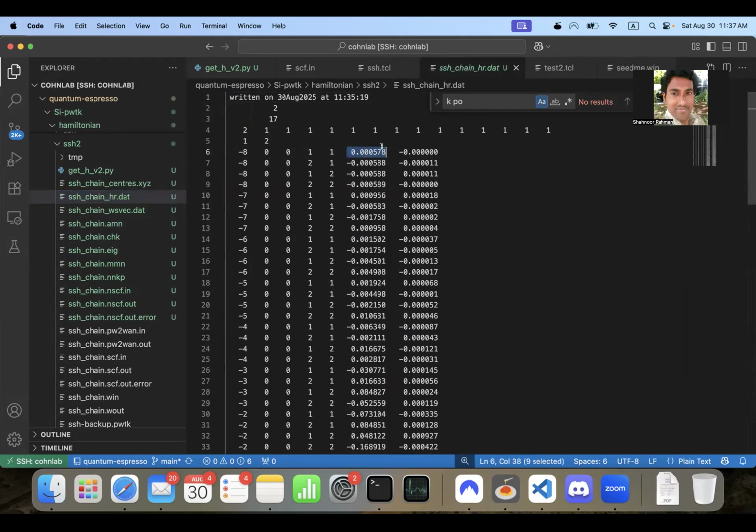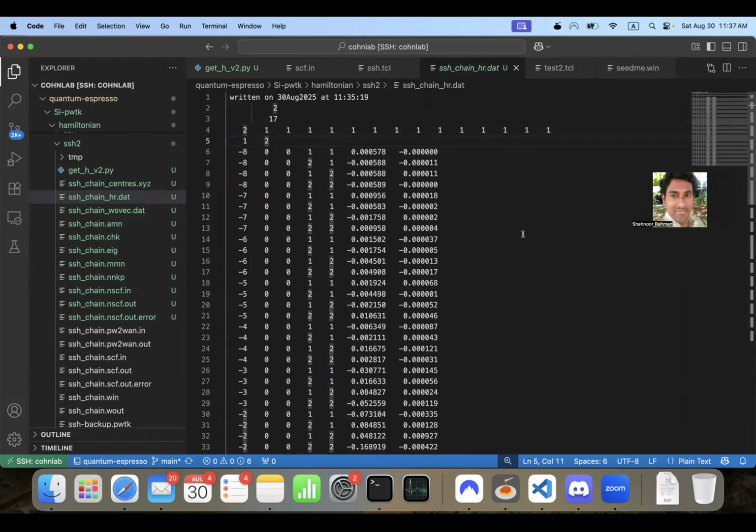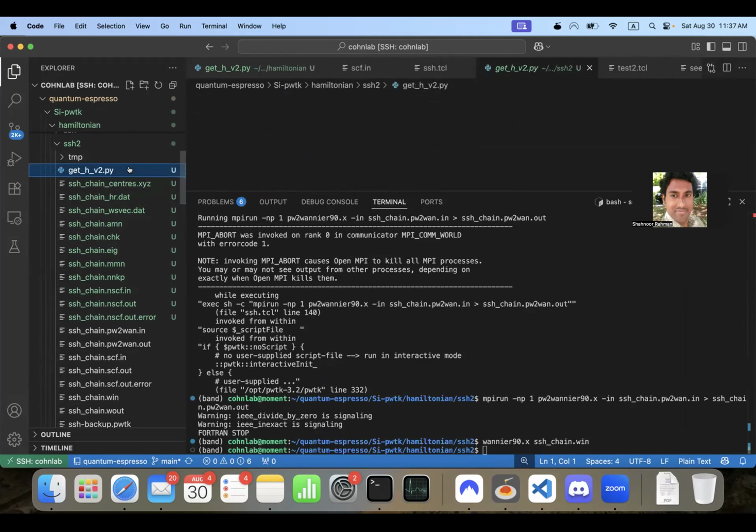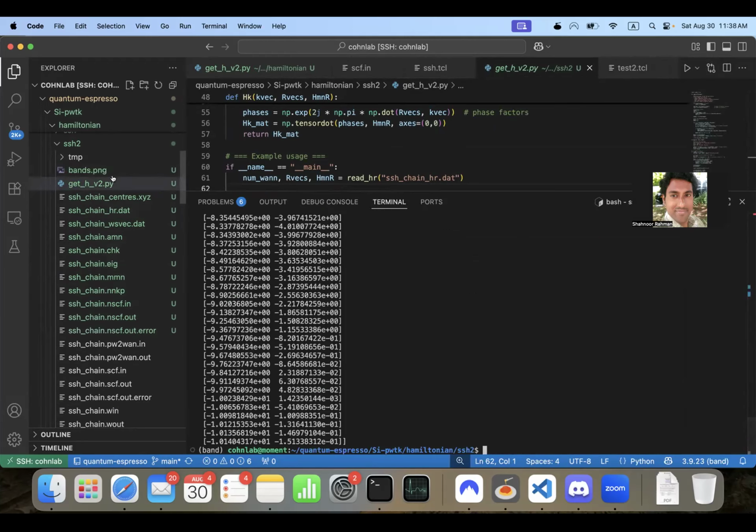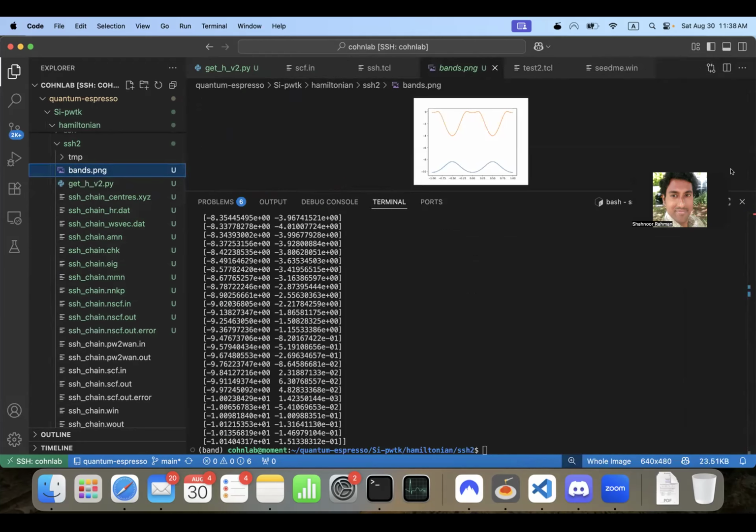Now, these are the real and imaginary components of the Hamiltonian. These are the lattice vectors, and all these numbers. I know it's a little complicated, but I have this Python code written, and if I run this Python code, get HV2, it generates the bands.